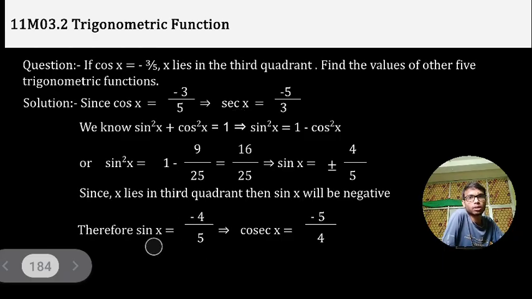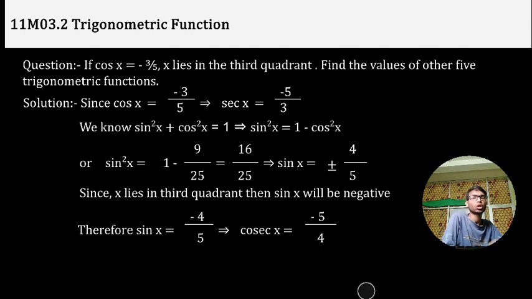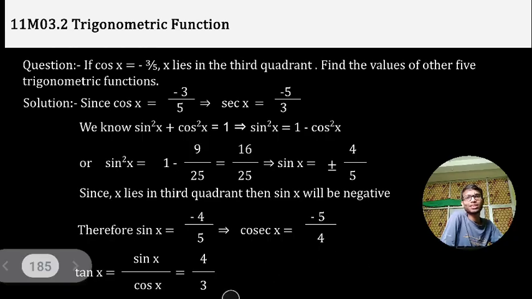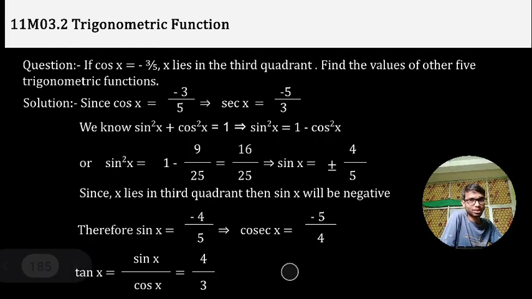Now we have found this trigonometric function, and now the reciprocal of this would be what? Cosec x, just opposite of this, minus 5 upon 4. Now how many are left? 2 more, which are tan x and cot x. For this we need the value of sine and the value of cos, which we have.